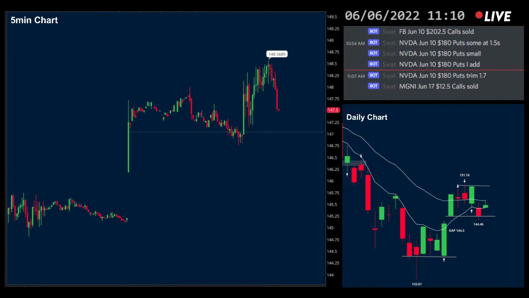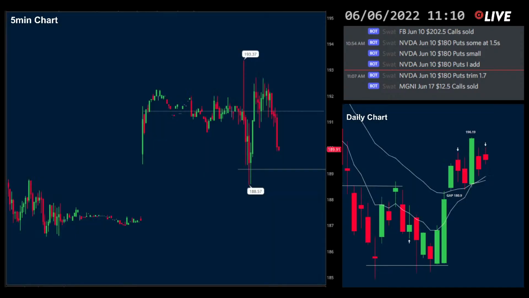Come on, some more. We need it below. Let's put the chart here. We need NVIDIA below 188.